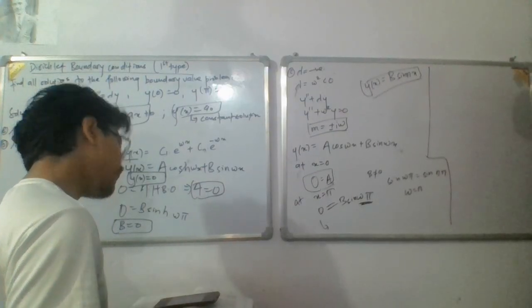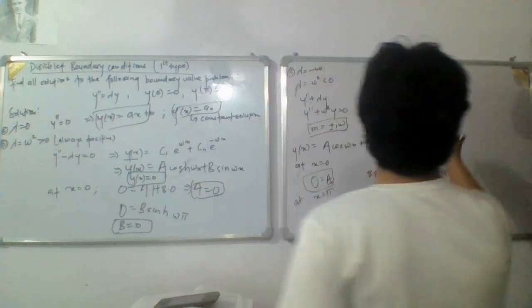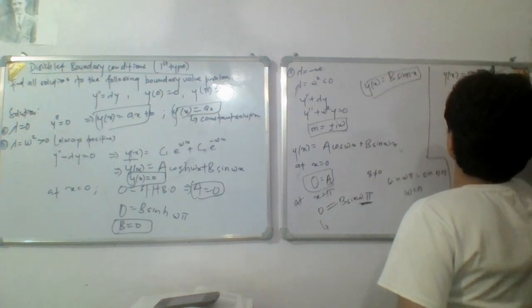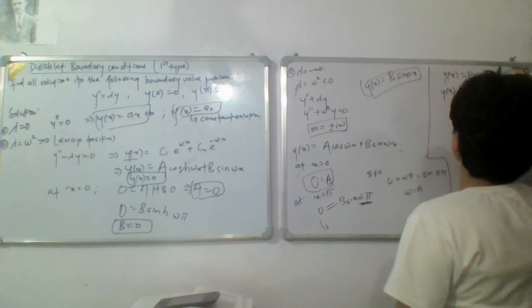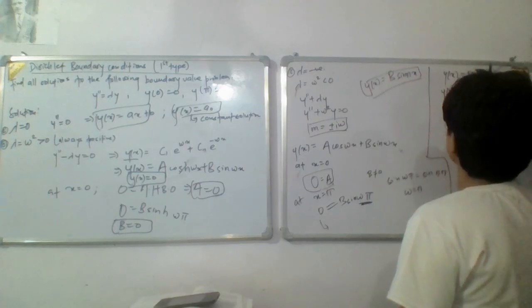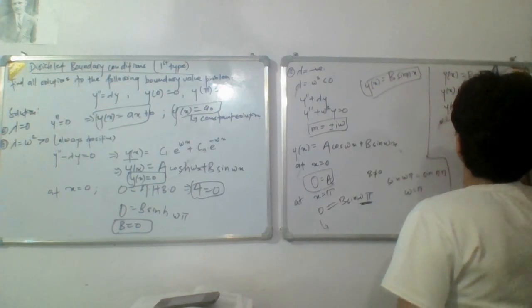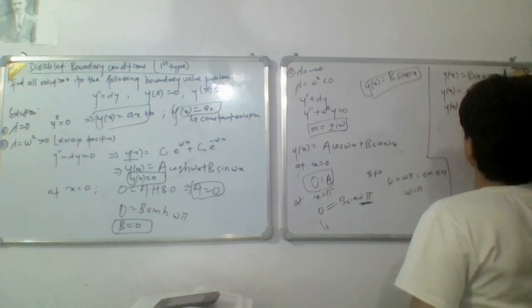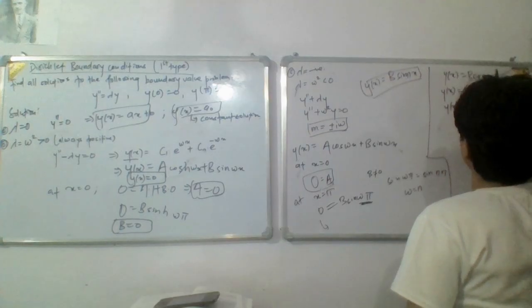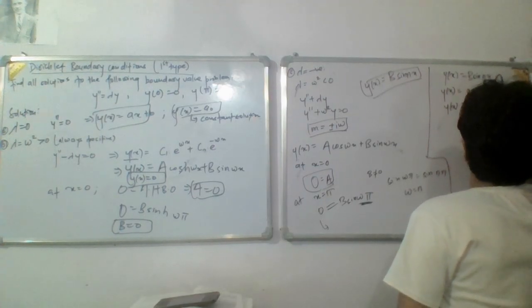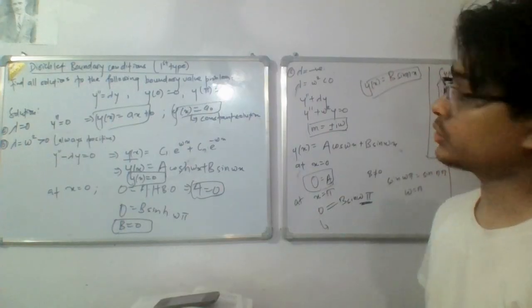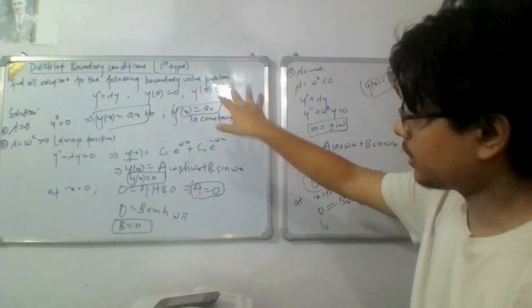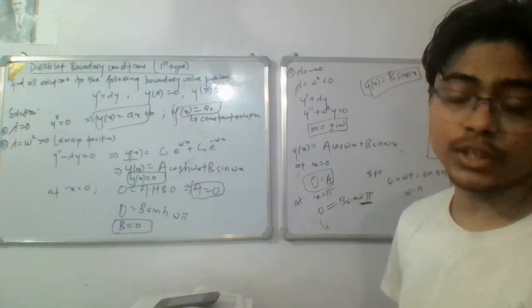We have the solution y of x equals b sine of nx, y of x equals ax plus b, y of x equals 0, and one case where b is equal to 0 and a equals a naught, the solution is a naught. So these are the set of solutions. These are all solutions of the boundary value problem, the Dirichlet boundary value problem.